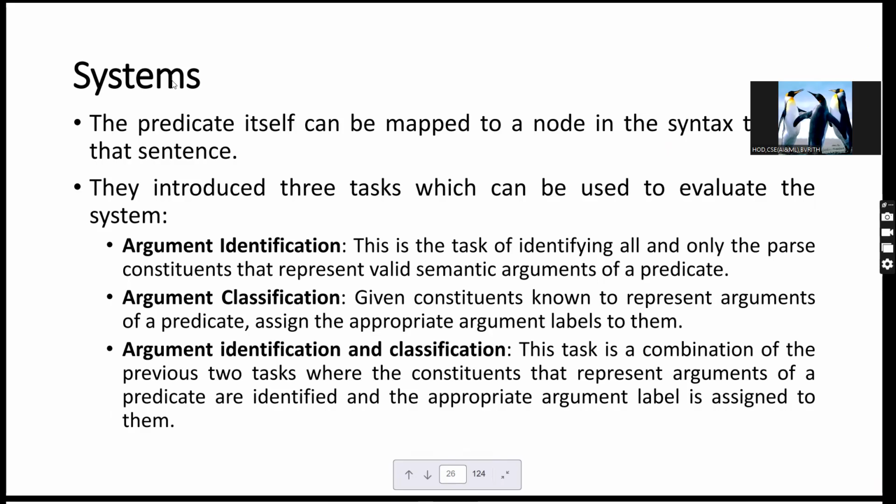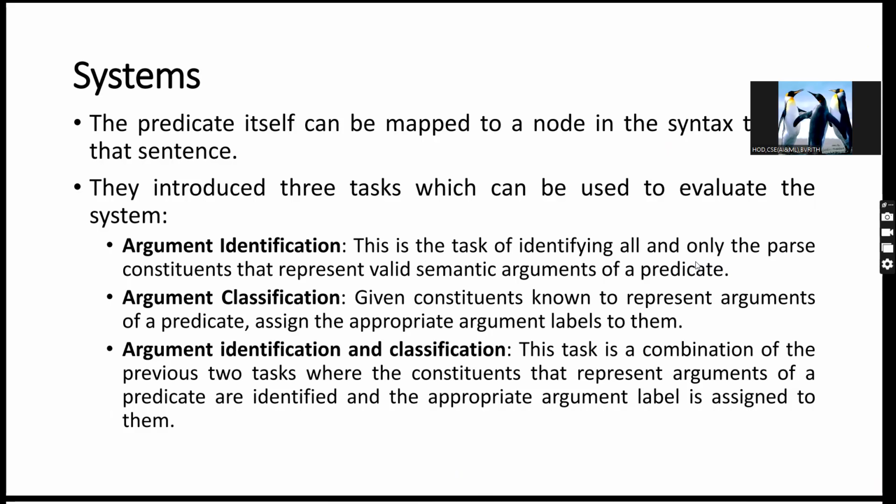Another thing is that in these systems, the predicates will try to make an automatic mapping of predicates based on the sentences and syntax. And there are 3 tasks to evaluate predicate systems. One is argument identification, where we check whether our test sentence contains the arguments which are specified by the predicate structure or not.